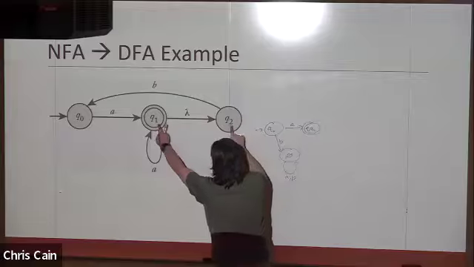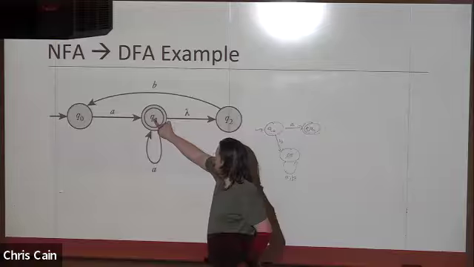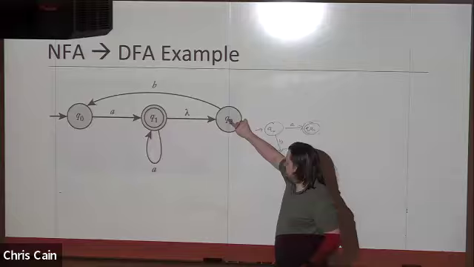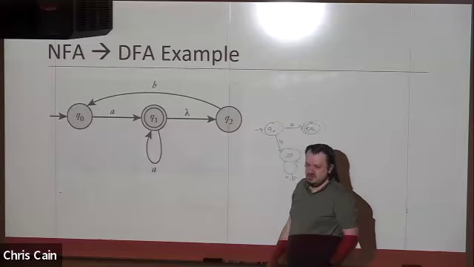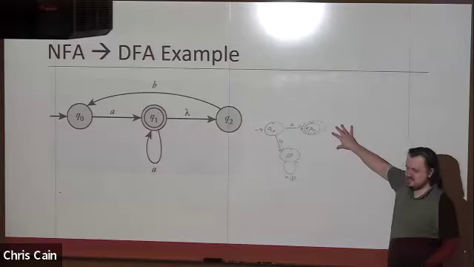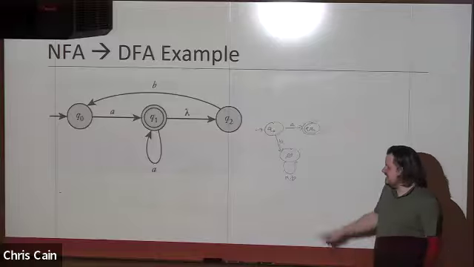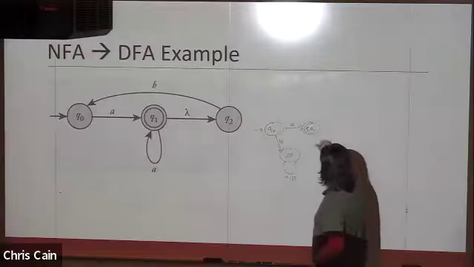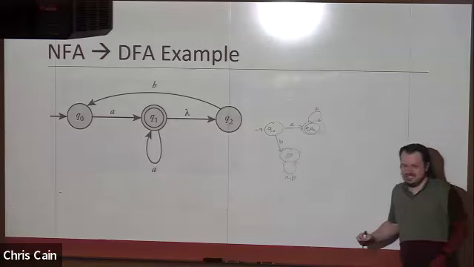If we're both here and here, if we consume an A here, we get back to Q1, and then lambda transition to Q2, or just get back to Q1. If we're in Q2, we would get nowhere. That process would die. We're going to take the union of those possibilities, and that becomes the destination edge in the DFA. So it's a self-edge because the answer was Q1 and Q2. So on an A, from Q1, Q2, we go to Q1, Q2.